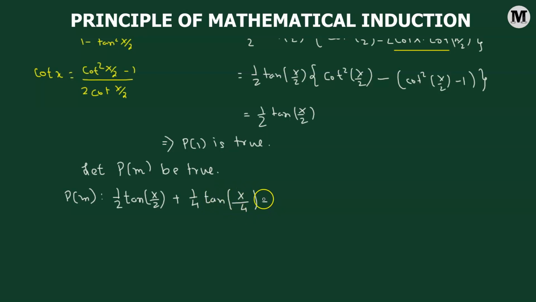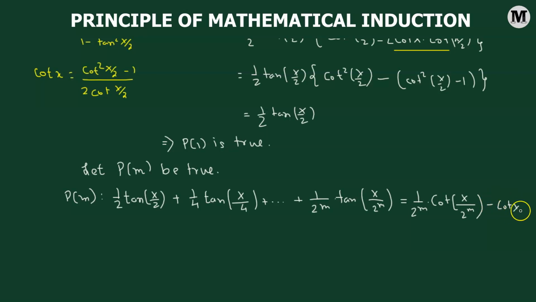This goes all the way up to the last term, which is given by 1 over 2 raised to the power of m multiplied to tangent of x divided by 2 raised to the power of m. And this is equal to 1 over 2 raised to the power of m multiplied to cotangent of x over 2 raised to the power of m, minus cotangent of x.